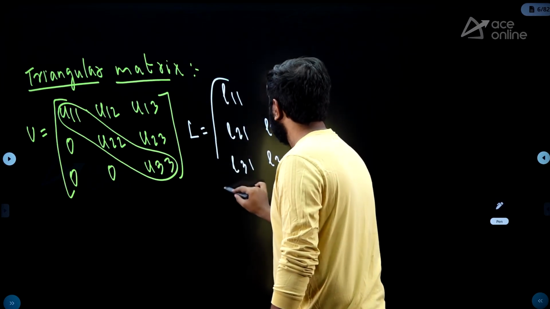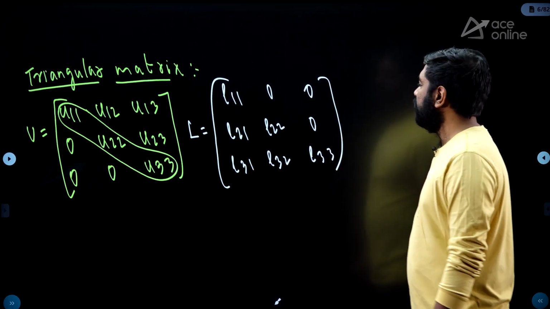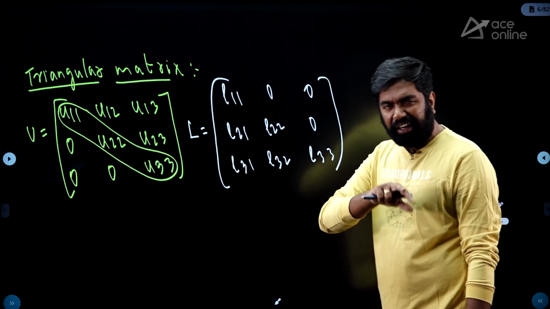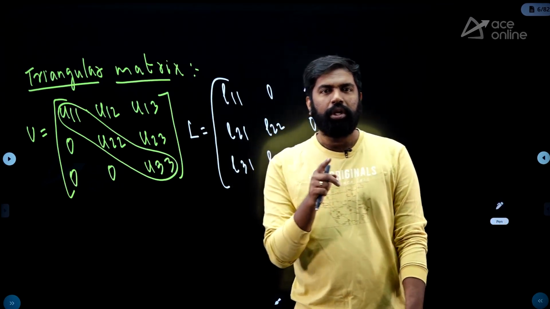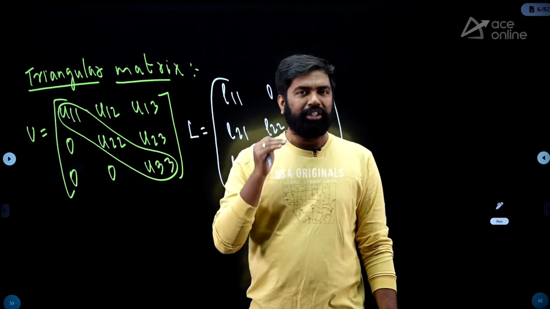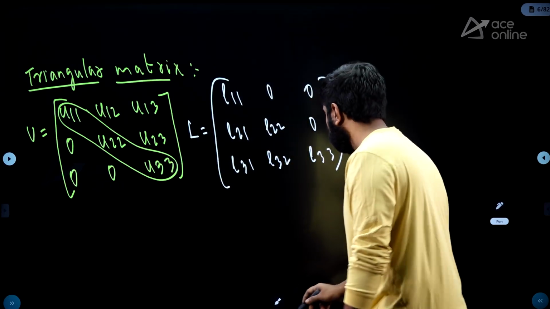This is how a lower triangular matrix looks. In LU decomposition, a matrix A is factored into L times U, where you have to extract the elements of L and the elements of U. That's a different story.